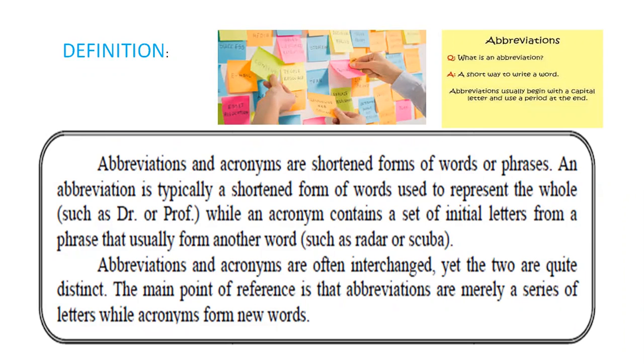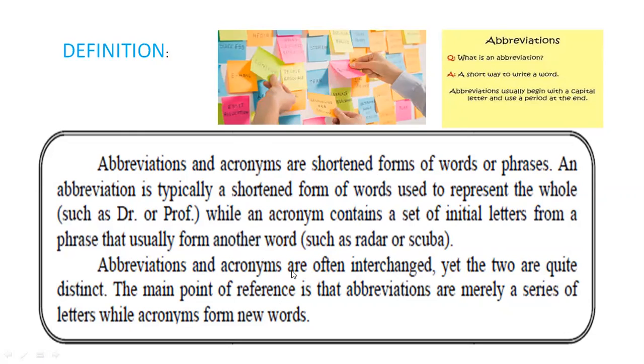An abbreviation is typically a shortened form of words used to represent the whole, such as doctor or professor, while an acronym contains a set of initial letters from a phrase that usually form another word, such as radar or scuba.